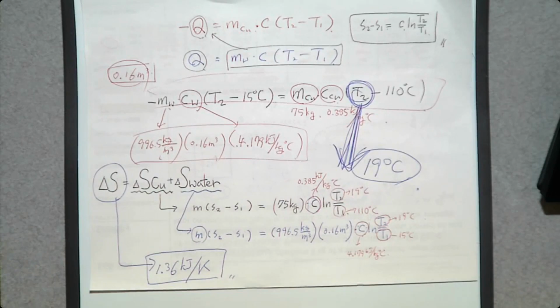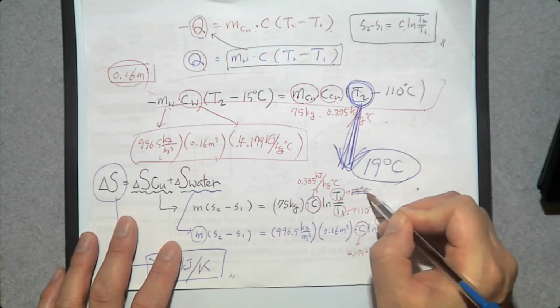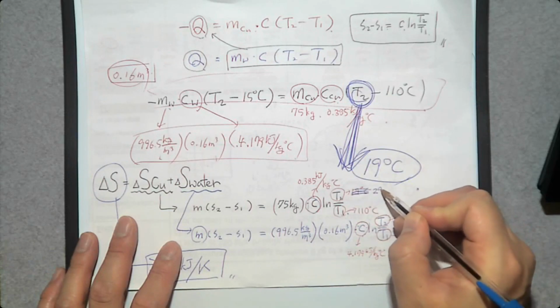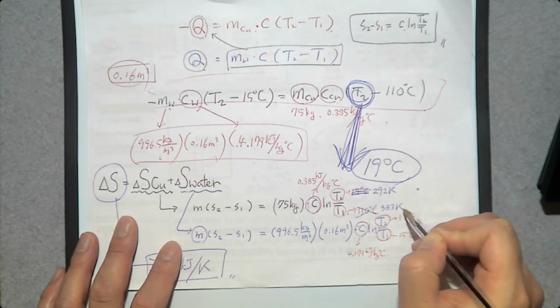Is this correct or is there a mistake? Yes, the temperature should be in Kelvin. So this is not 19, it is 292 Kelvin, and not 110, it's going to be 383 Kelvin.